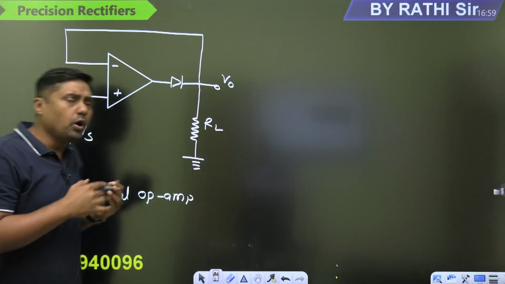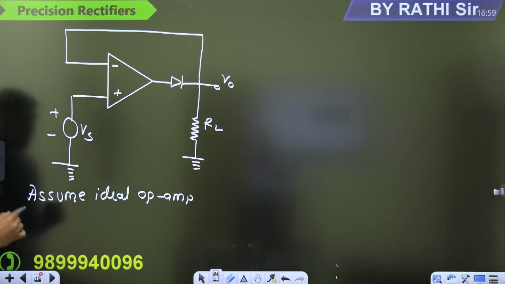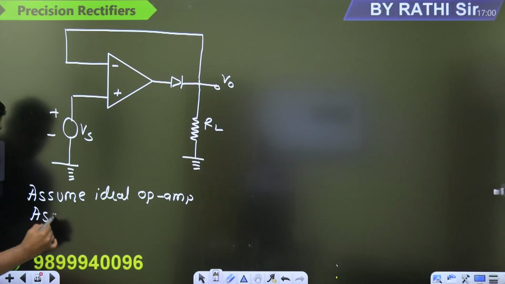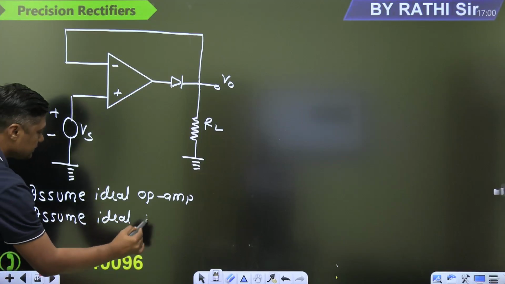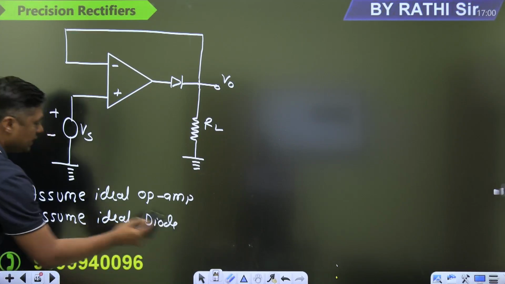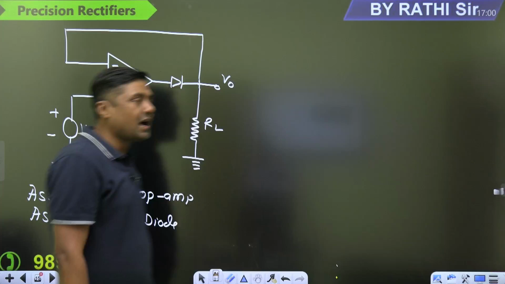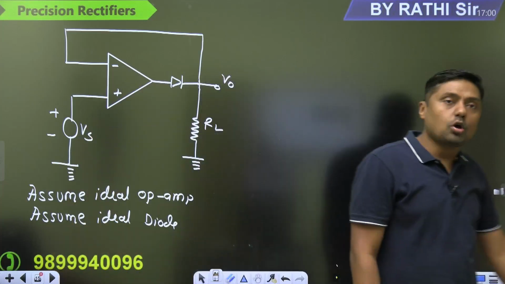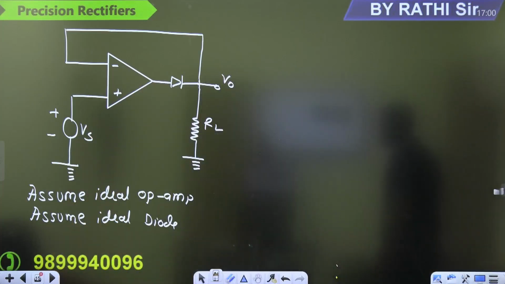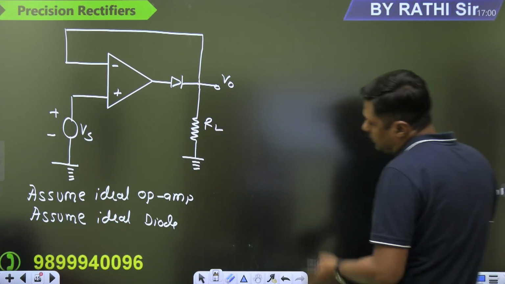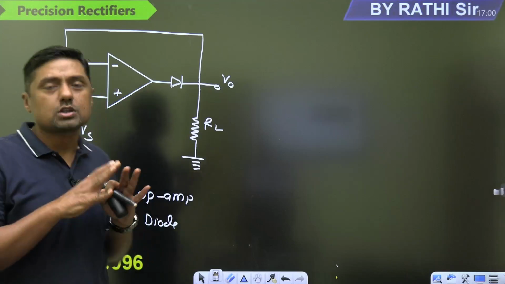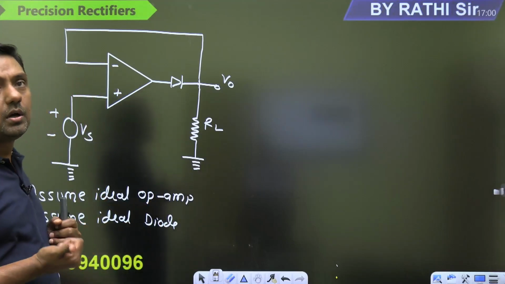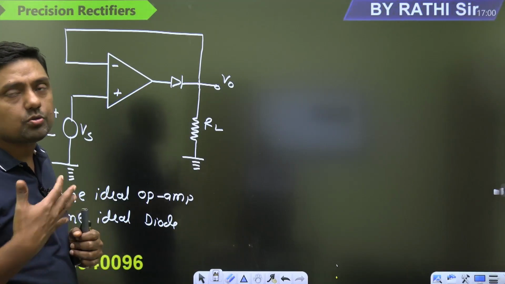Now, if you are writing, assume ideal diode also. Is it correct here? If I assume the ideal diode or the operational amplifier, yes or no? Tell me. Okay, I can carry forward then. I will explain the diagram. Just for simplicity, I am assuming the operational amplifier ideal and the diode ideal.